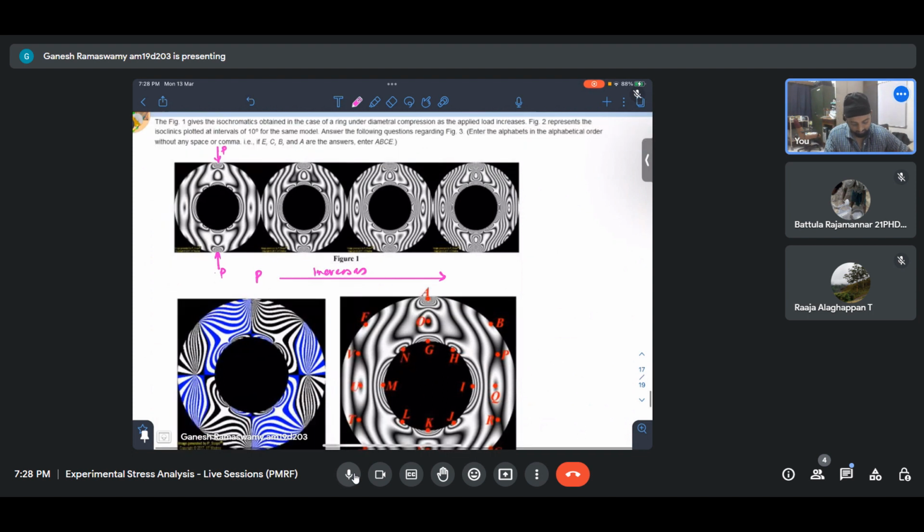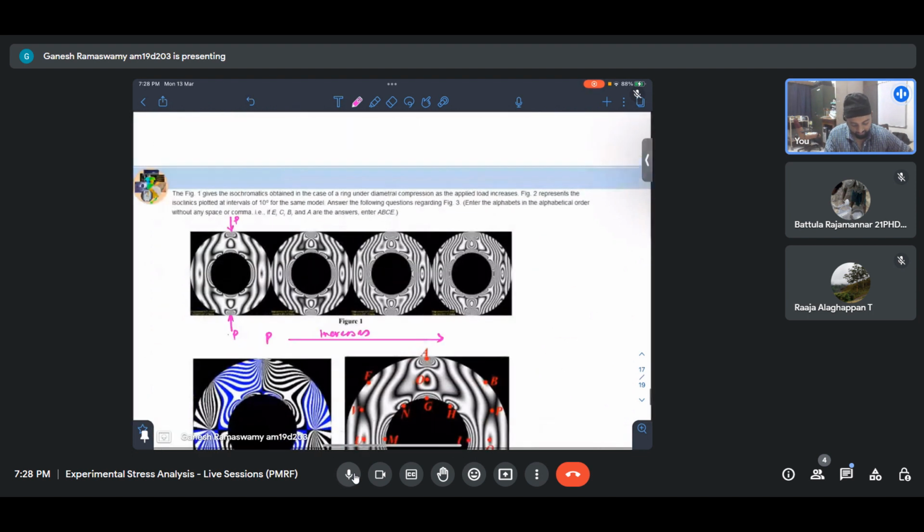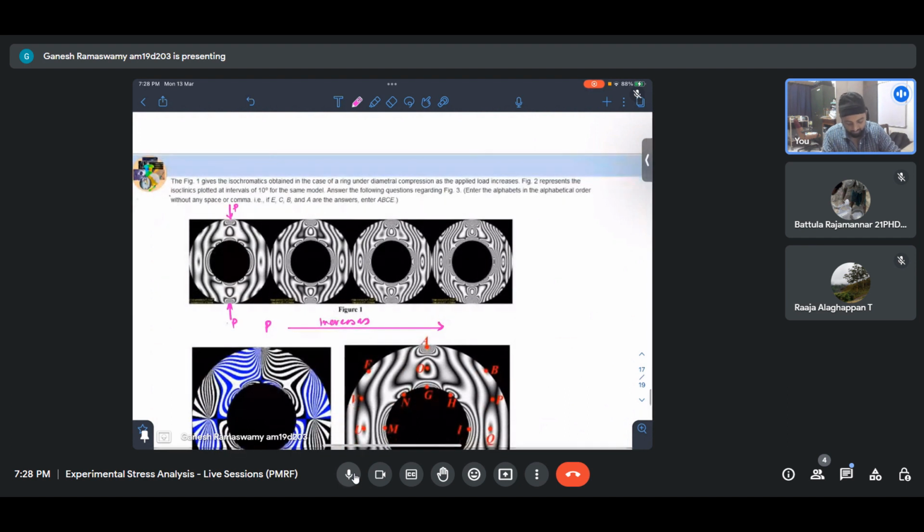Figure 2 represents isoclinics plotted at intervals of 10 degrees. As I said, it cannot be obtained from one single configuration. You will have to essentially take steps of 10 degrees and take images and then post process them in order to get the whole field isochromatics, whole field isoclinics.